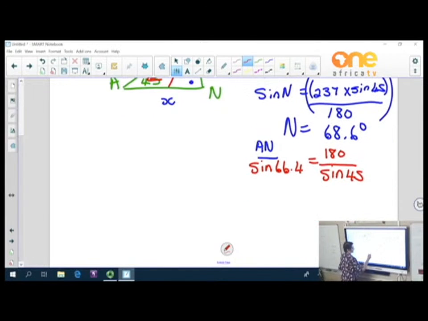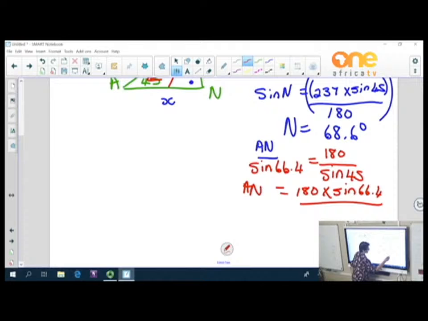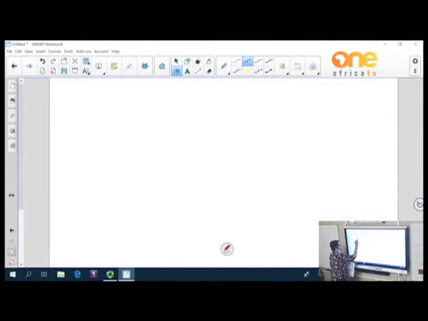And if we press the calculator now, AN is 180 times sine 66.4 divided by sine 45, and the distance then is 233 meters. The distance there. Right, now the last one on the sine rule.